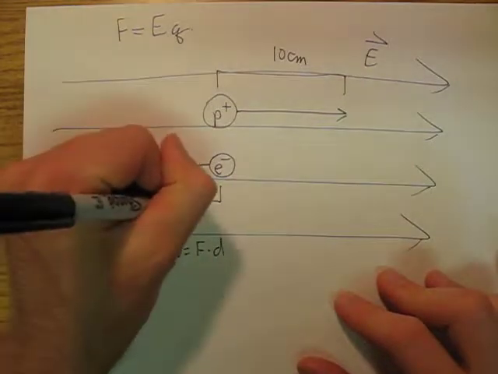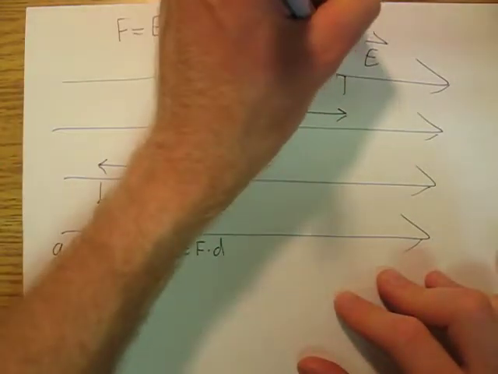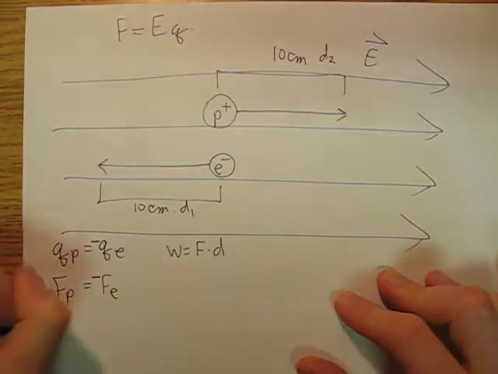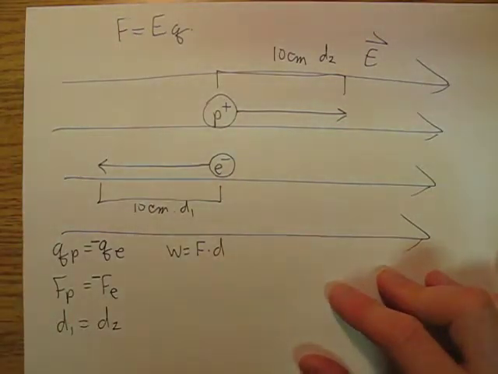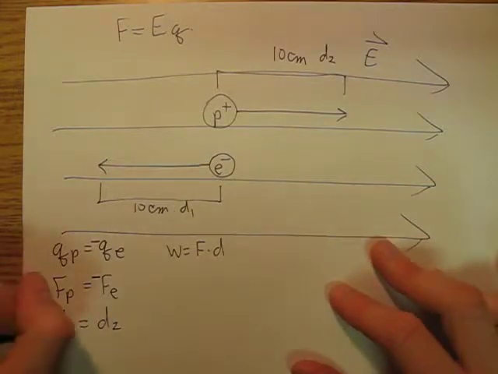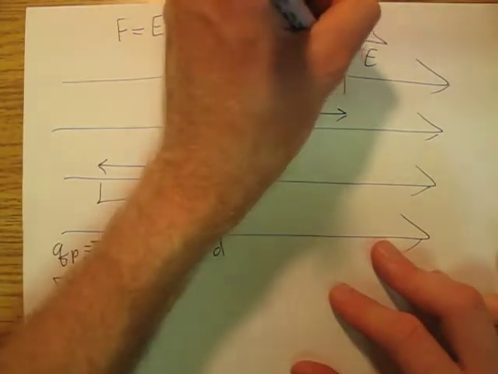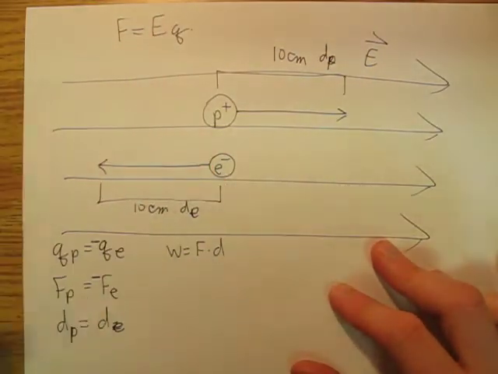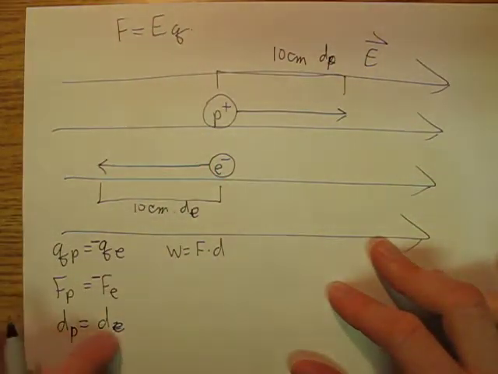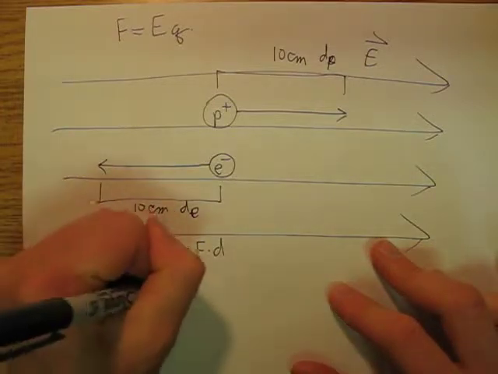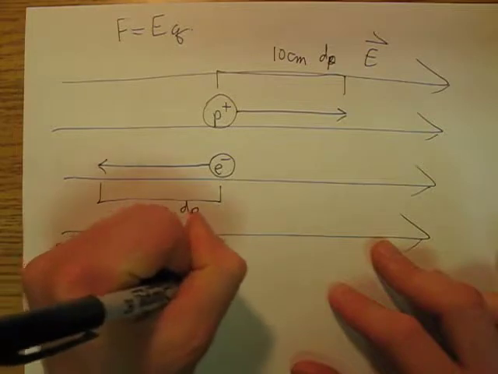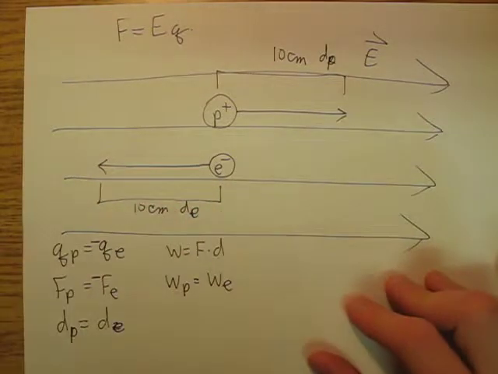Well, that's proton, that's electron. If the distance for the proton is equal to the distance for the electron, then I know that the work done on the proton is equal to the work done on the electron.